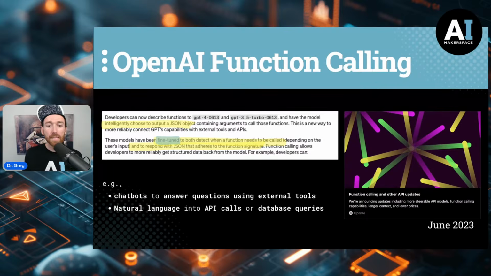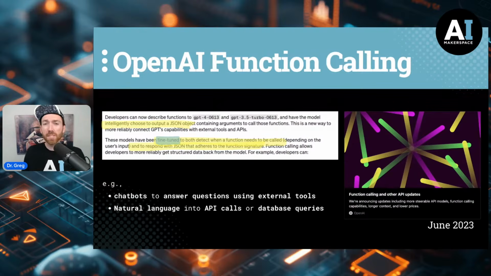And this was pretty cool because this didn't really exist before. We could say, please return JSON mode. And that kind of worked, but it didn't work all the time. And so we actually had to fine tune models to be really good at function calling.